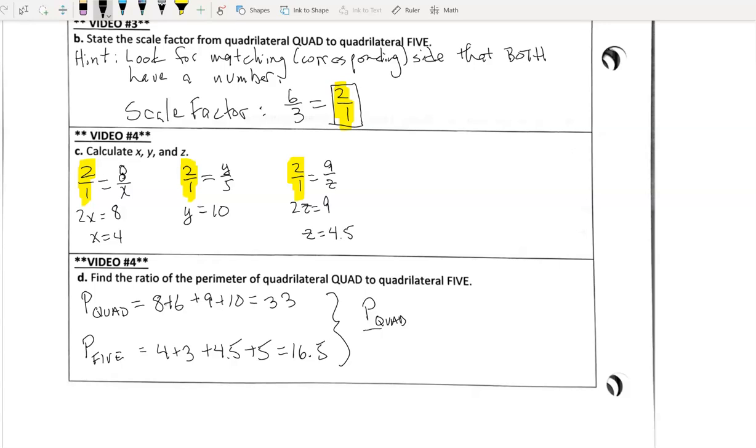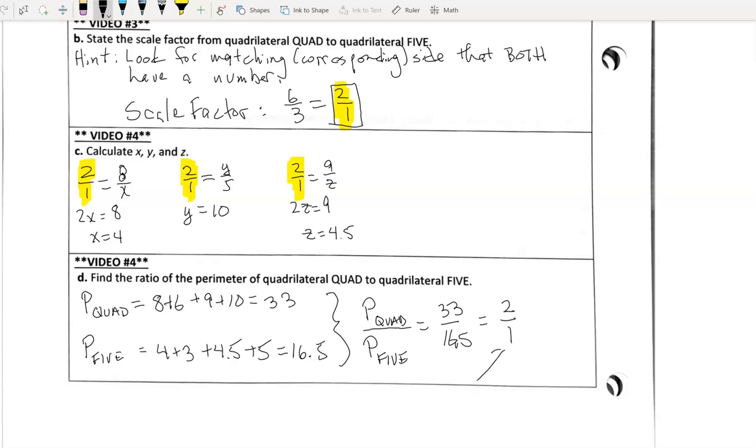Now that I have those two perimeters, I can find the ratio of the perimeter of quad to the perimeter of FIVE. Remember, ratio is just a fraction. There's my fraction bar. That's going to be 33 over 16.5. If I reduce that, that comes out to 2 to 1. Hopefully that looks familiar.